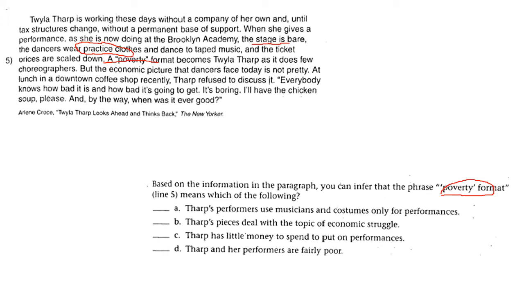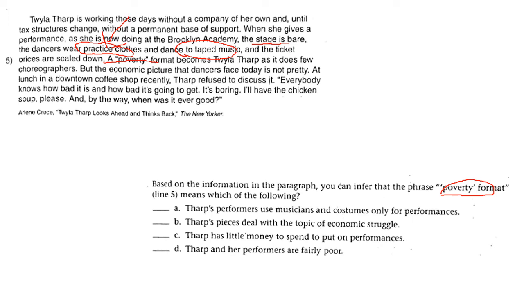So when we are doing a professional Don dance performance, we wear a very expensive uniform. But when we are practicing for the hundreds of hours, we wear very cheap clothing. That's what she is wearing in her normal performance. And they have taped music, not live music. So all of this shows that she's doing things very cheaply, very basically.